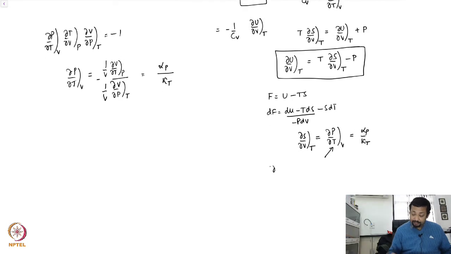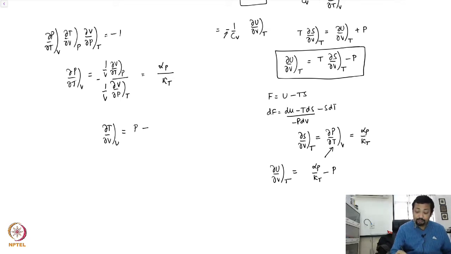Hence, I have (∂U/∂V) at constant T is alpha P over kappa T minus the pressure. So that (∂T/∂V) at constant U is going to be, there is a minus sign overall over here, which means if I use this relation, this becomes minus of (∂U/∂V) at constant T, which is minus, and this is plus.